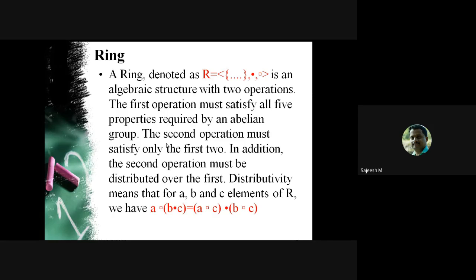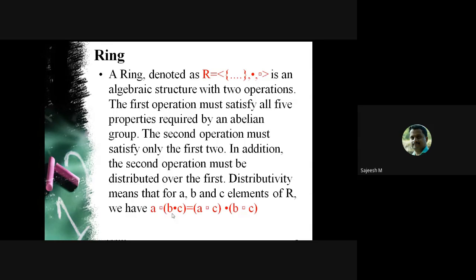In addition, the second operation must be distributive over the first. Distributivity means that for A, B, and C elements of R, we have A, the first operation, then B dot C. Sorry, here the square represents the second operation.